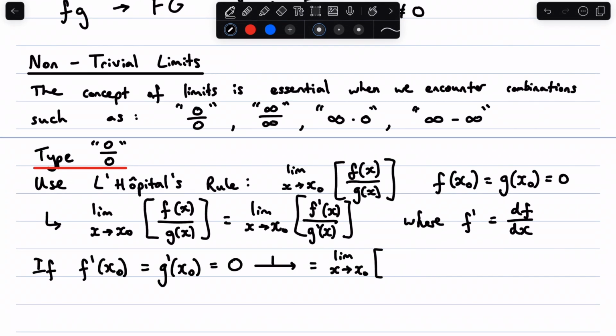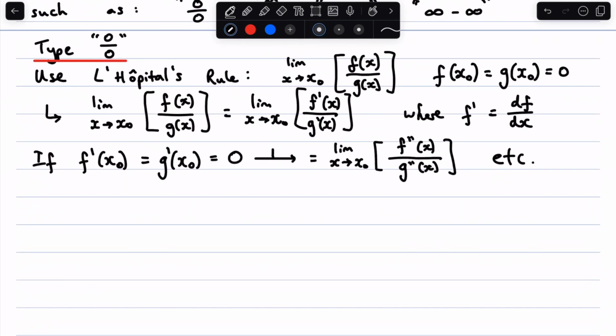And if unfortunately our f prime of x0 and g prime of x0 both equal 0 and we have 0 divided by 0 in the limit x tends to x0, then we just differentiate again. So we'll just have it equaling the limit of f double prime x over g double prime x. And if that equals 0, you do it again and you just keep going until we have a non-0 divided by 0 combination. Now let's look at a couple of examples of this.